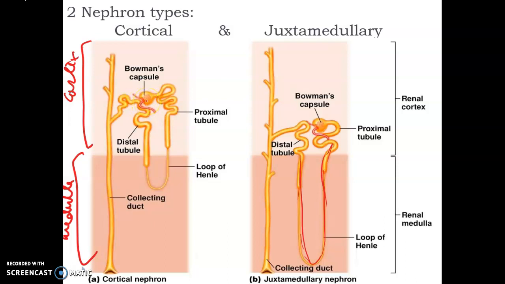But what I want you to notice is that this is the Bowman's capsule, proximal convoluted tubule, loop of Henle, distal convoluted tubule. Now see, the distal convoluted tubule loops back to kiss the afferent arteriole. Do you see this junction? This kiss is really important. It has very important anatomical significance, which we will focus on later. But I do want you to know that the distal convoluted tubule can loop back and touch the afferent arteriole.